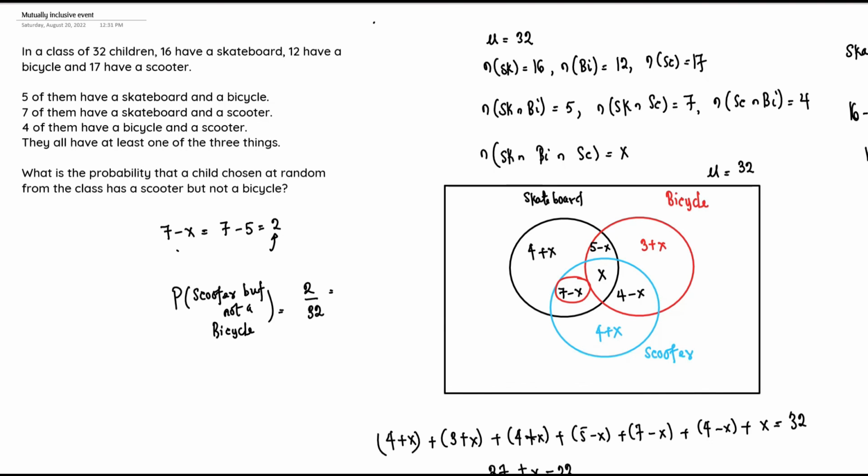When we do the math with our calculator, 2 divided by 32 gives us 0.0625. So that means we have a 6.25% chance that if a child is chosen at random, this child is going to have a scooter but not a bicycle.